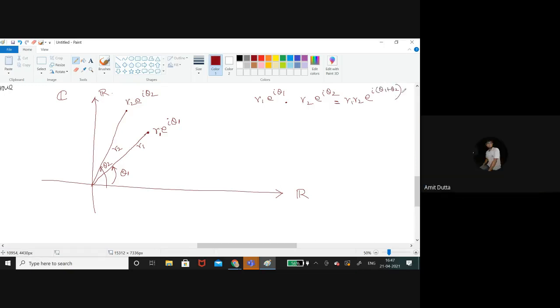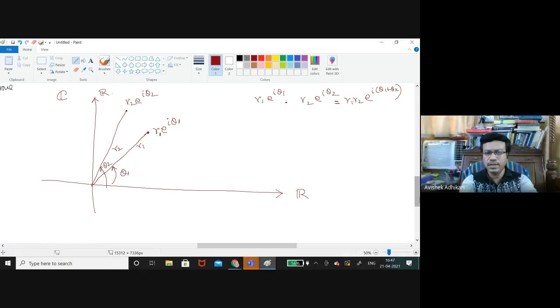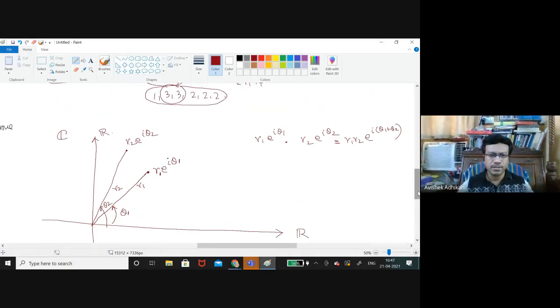Very good. So geometrically, how does it look? Suppose this is the product of these two. Suppose this length is r1 into r2. Okay, and the whole angle here is theta 1 plus theta 2.